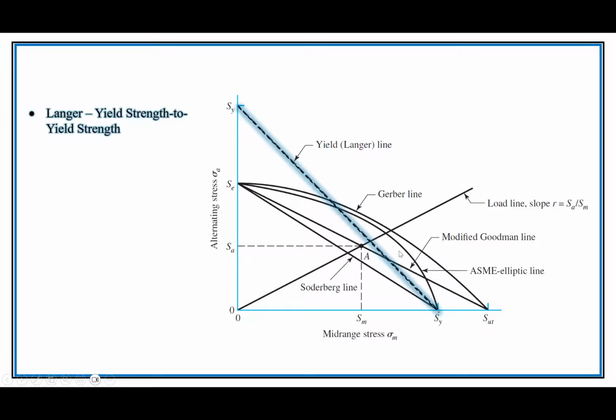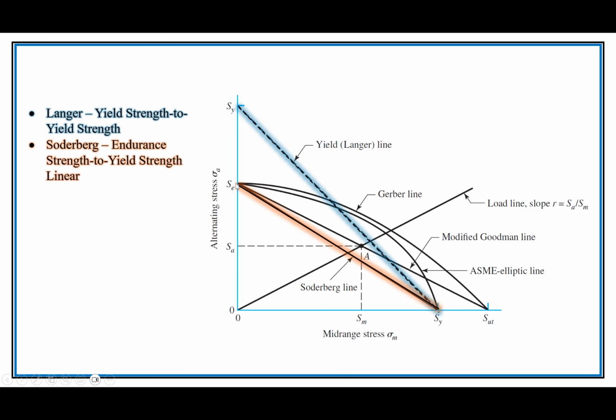So that's before we even have fatigue being addressed. So I think of the Goodman up to that point as being based on the fatigue line, and then after this little cross, we judge it by the yield strength. Anyway, so there's the Langer line.